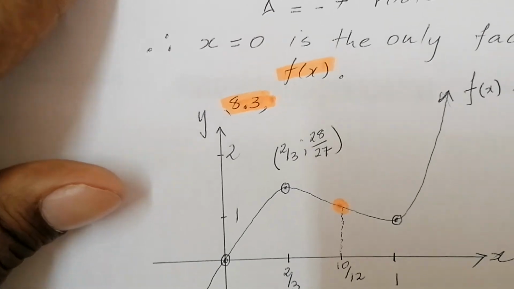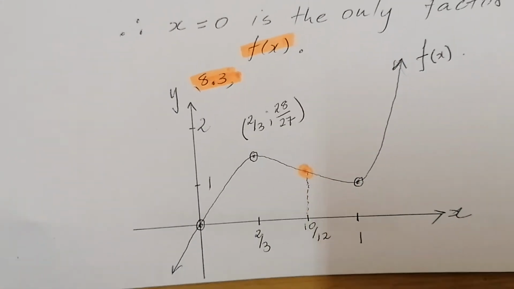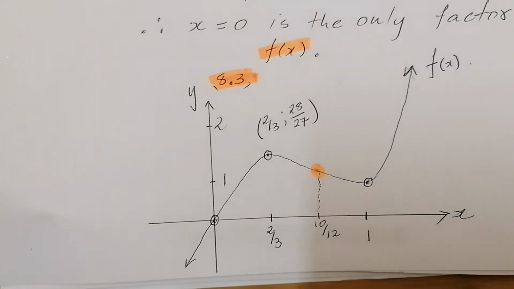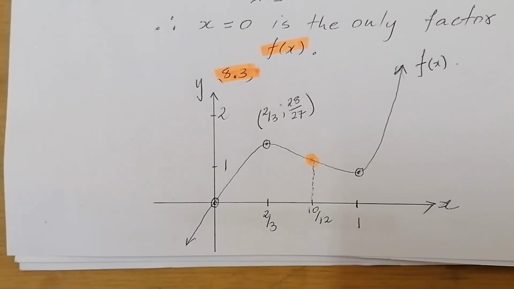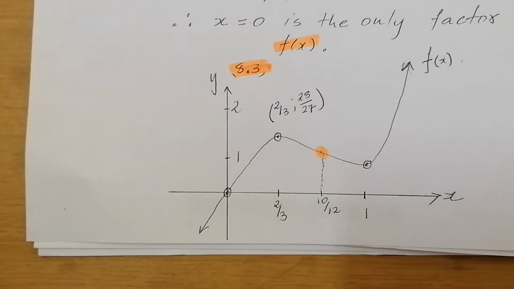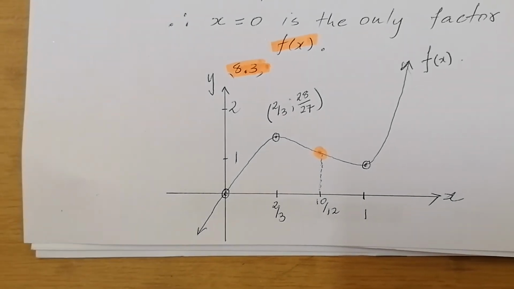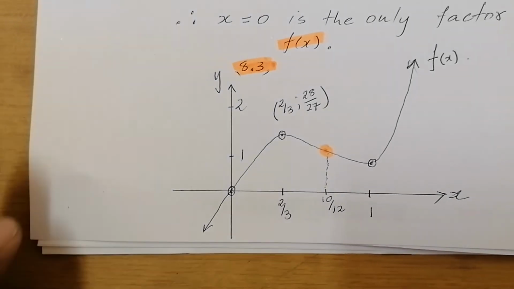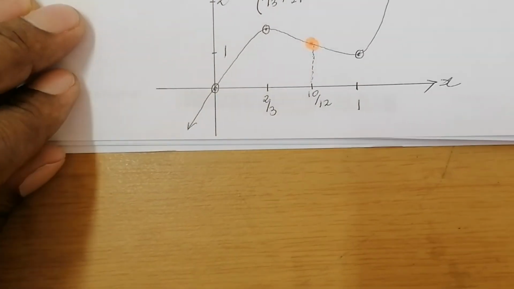That means the graph of f is changing its concavity at a certain specific point. How do we determine that point so that we answer the question?